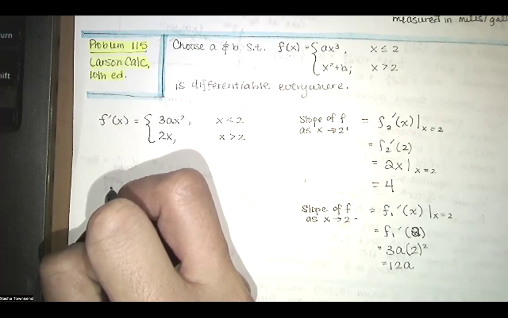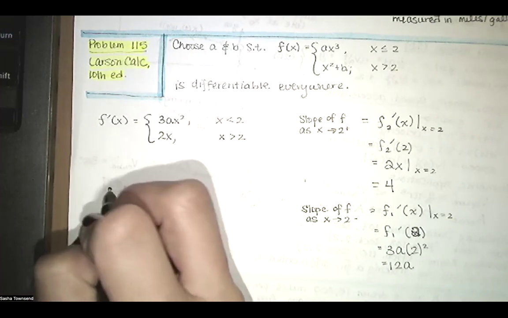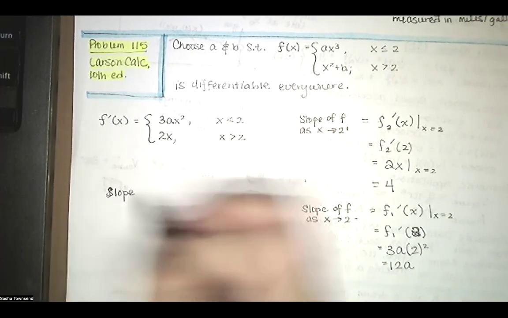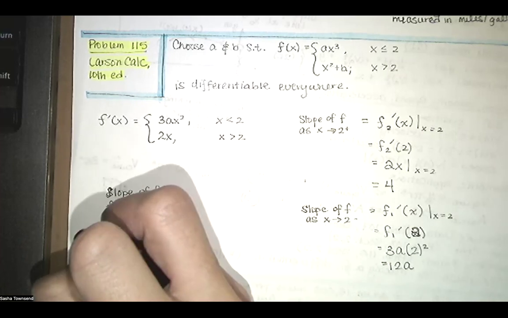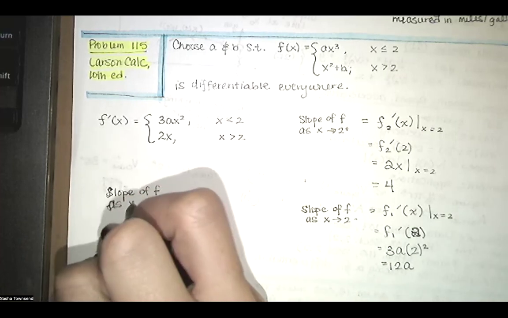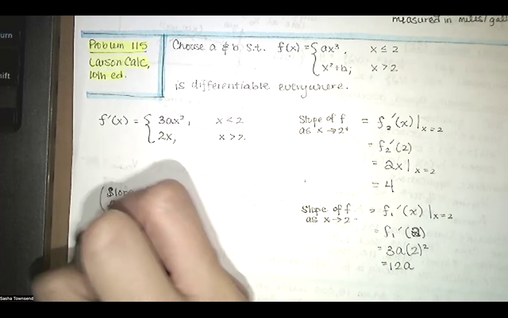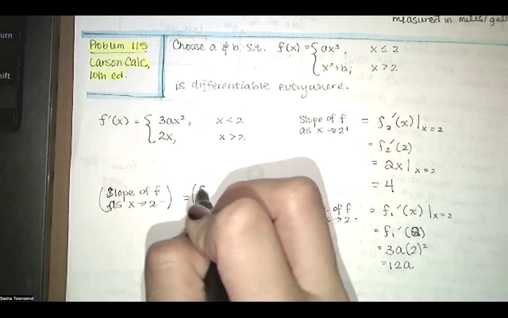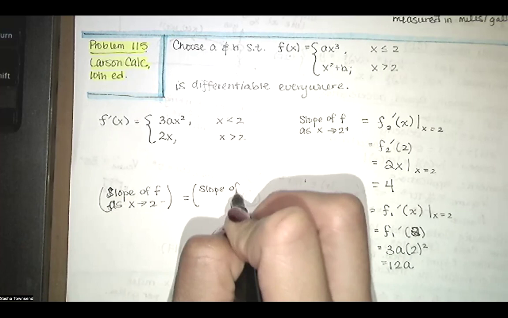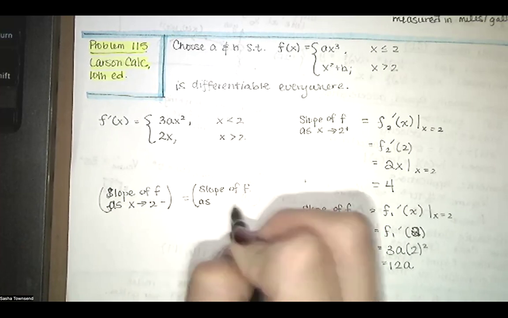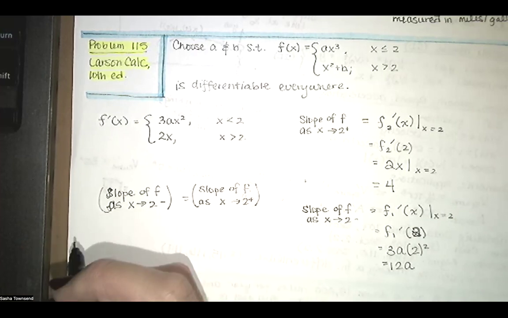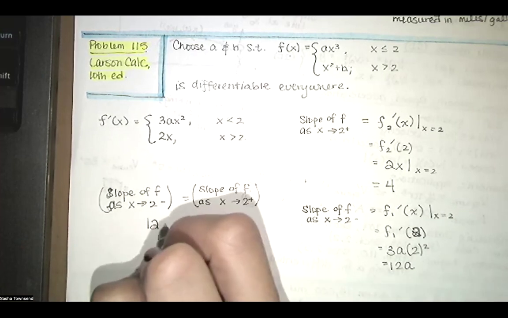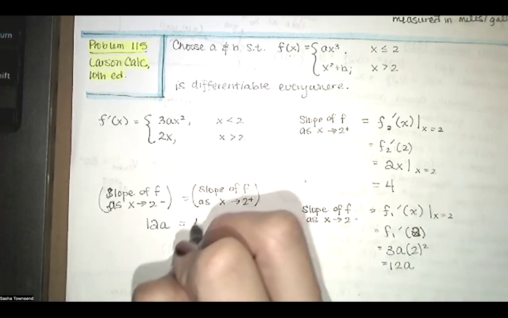So we're going to just set the slope from the left equal to the slope of f as x approaches 2 from the right. And so the slope from the left is this 12a. We set that equal to 4.